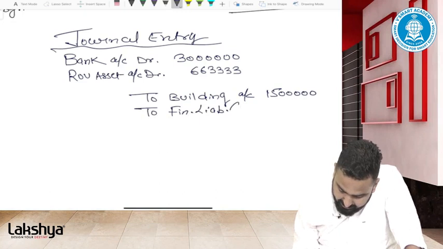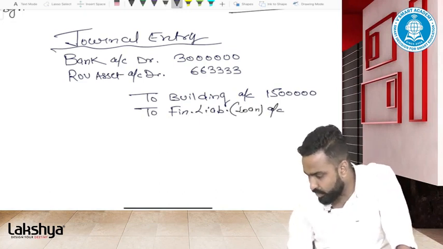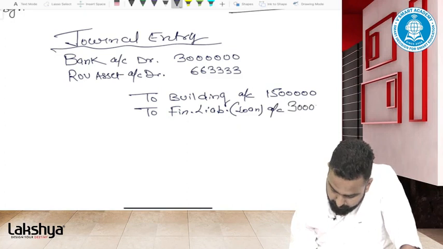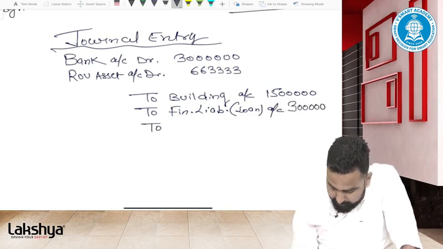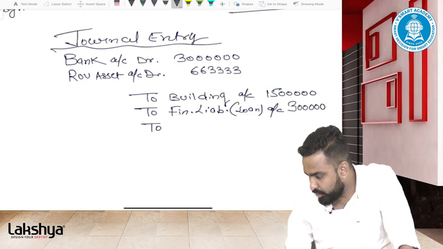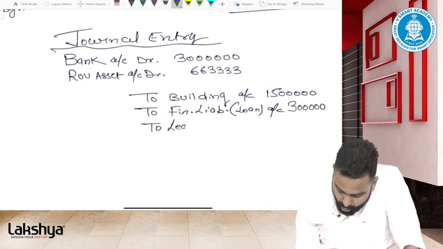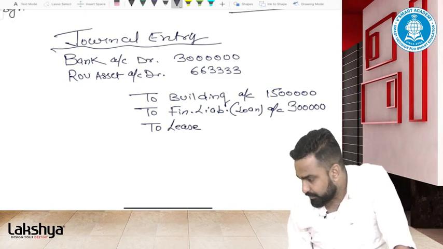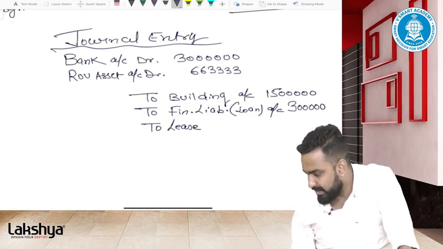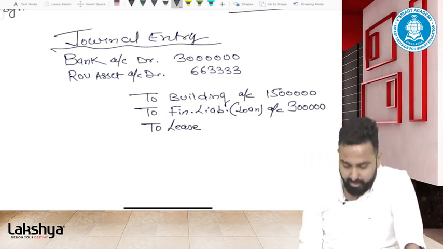To financial liability, that is a loan, 3 lakh. Very good. To lease liability, Govind, you have not written lease liability. Acha, finance liability 1494. Okay, not an issue.